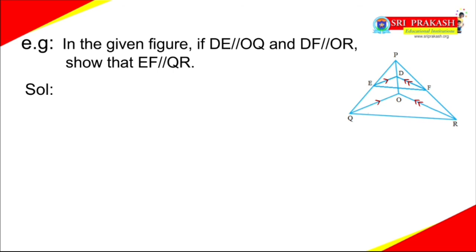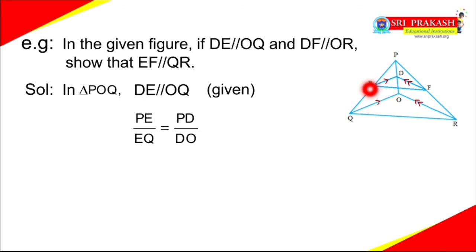Children, according to the problem, in triangle POQ, DE is parallel to OQ, which is given in the problem. We know that PE by EQ is equal to PD by DO by BPT. Now, let us consider it as equation 1.